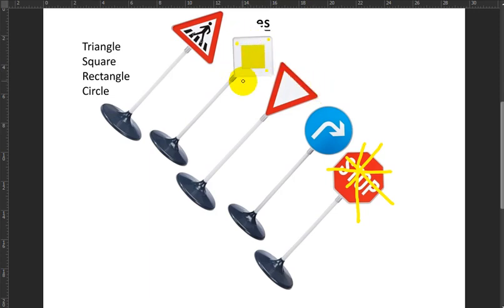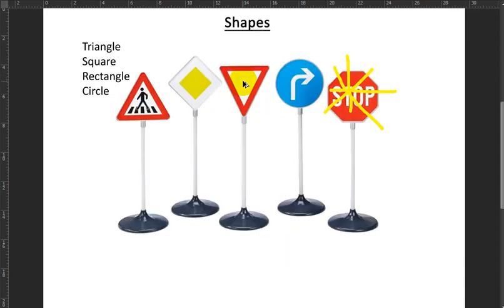So this is a square. It doesn't matter that it's turned on its side. It's still a square because all you need to have a square is 4 equal sides and 4 equal angles.